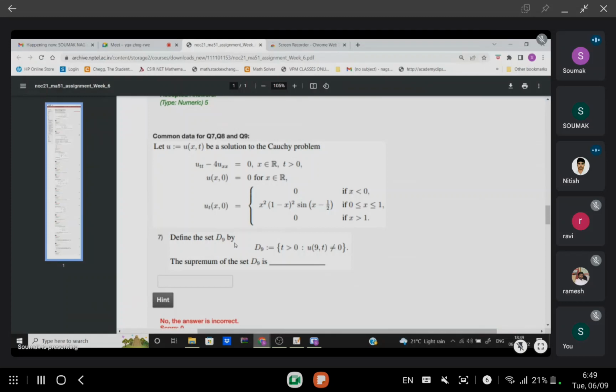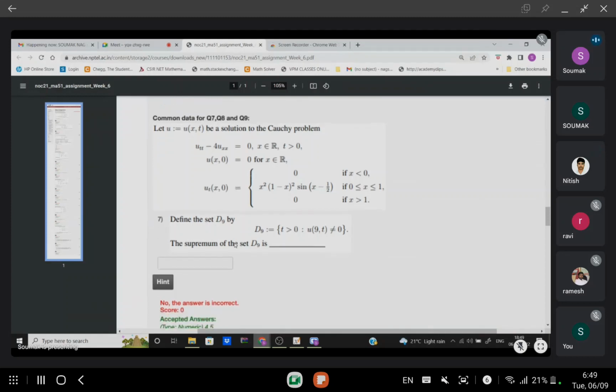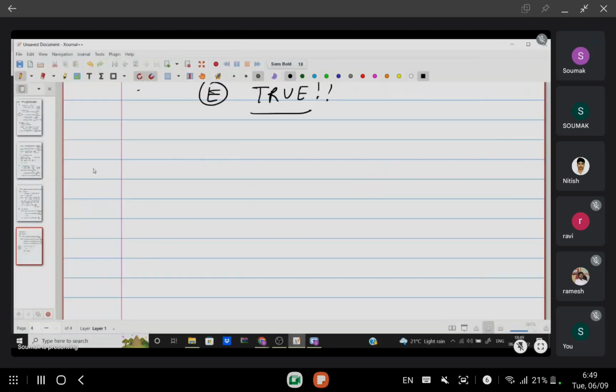So you have to find the solution of a wave equation where u(x,0) is given, u_t(x,0) is given. Now what question number 7 says: define this set D9, those t for which u(9,t) is non-zero. So you have to find the supremum of the set D9. Okay, so let me first write the equation and then solve.